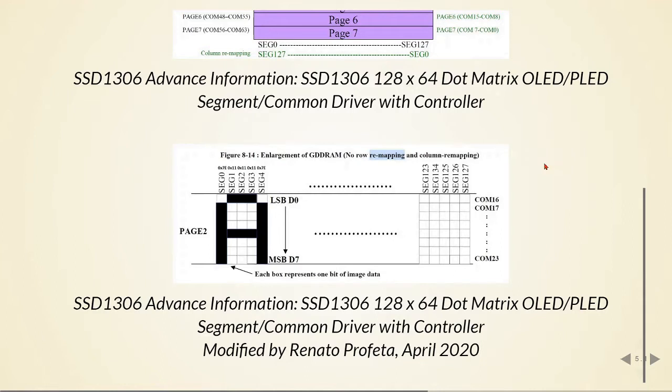I'm going to try to keep it compatible with the examples that come with the board and the examples by Texas Instruments, so I will try to make minimal changes. But this is the idea: we have these pages and segments, and we can set bits to 0 and 1 to create different shapes.